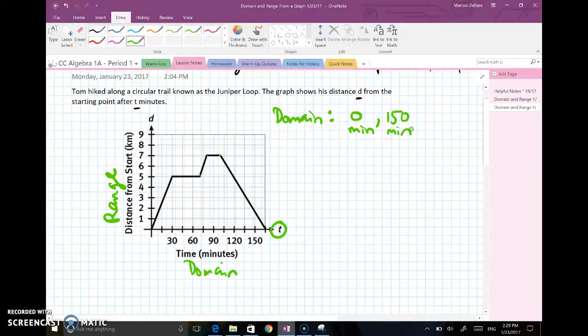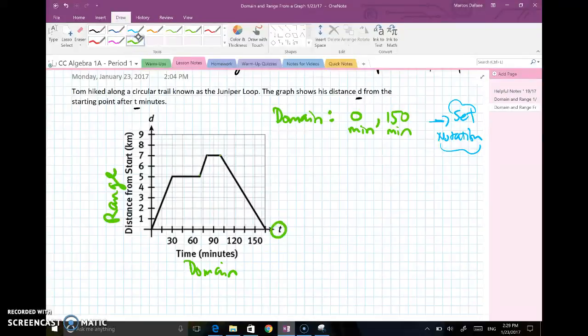There are 2 ways to show domain and range. One is called set notation, which involves parentheses and brackets, and the other is using inequalities. I want to show both styles to you so that you can have exposure and then decide which one is better for you. But it's good to know how to do both, just in case. So for set notation, which is this one here, set notation involves using parentheses and brackets, like I said.